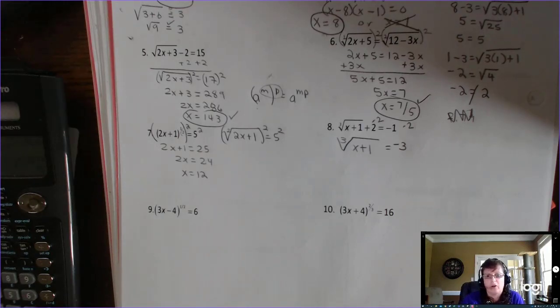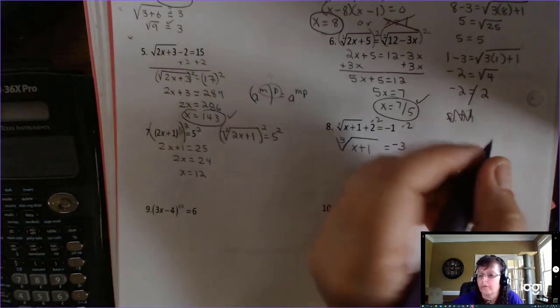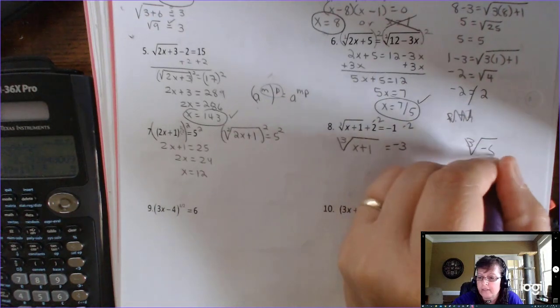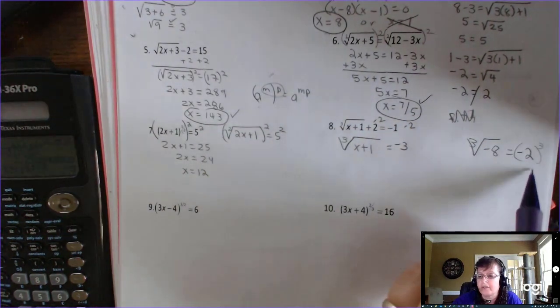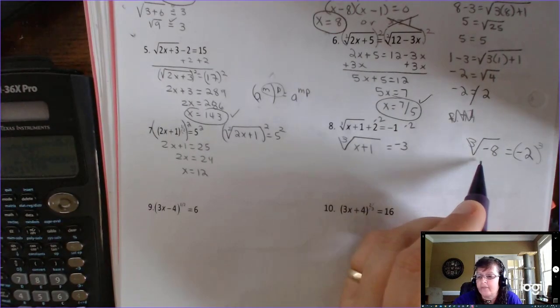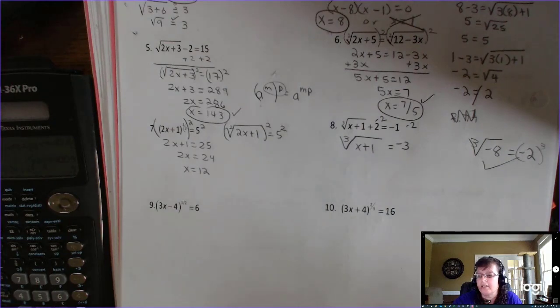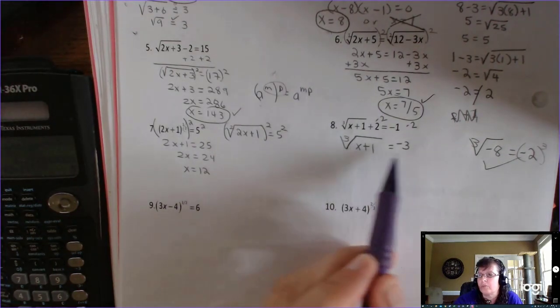And recall way back at the beginning of the semester, when you have an odd index, there's no domain restriction because you can have a cube root of negative 8, for example. There is a number that exists that when you multiply it by itself 3 times you get negative 8. Okay, so you can have a negative under an odd index radical. So this does not bother me that this cube root equals a negative number.